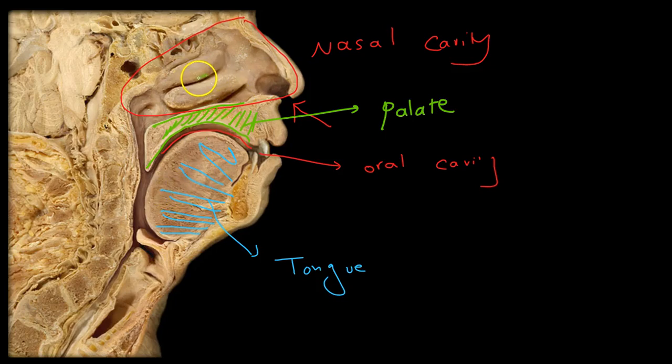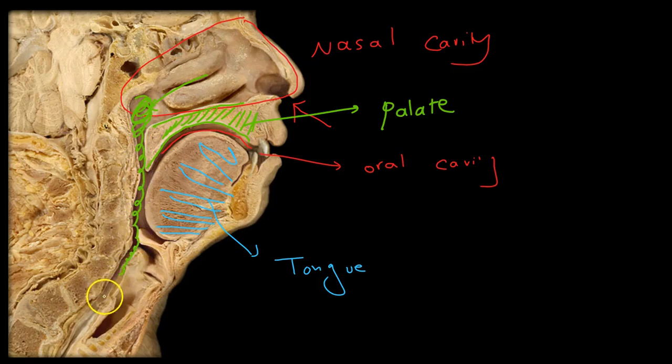after the nasal cavity, air moves to the pharynx region. So the pharynx is this tube which is going to be found at the back of the nose, then the back of the oral cavity, and then the back of the larynx. So this region is the pharynx region.